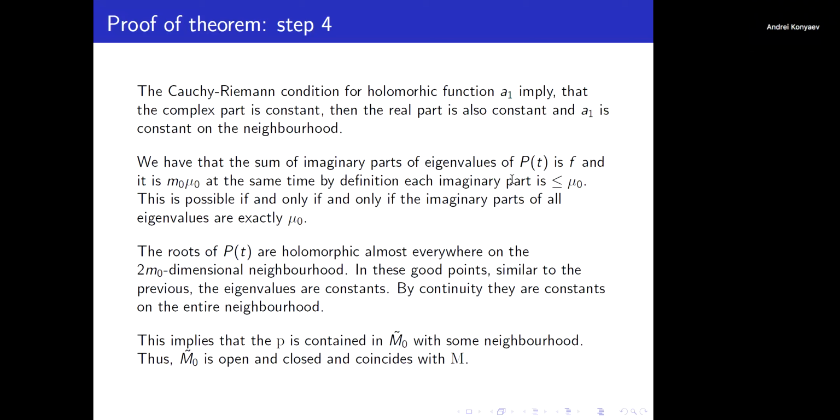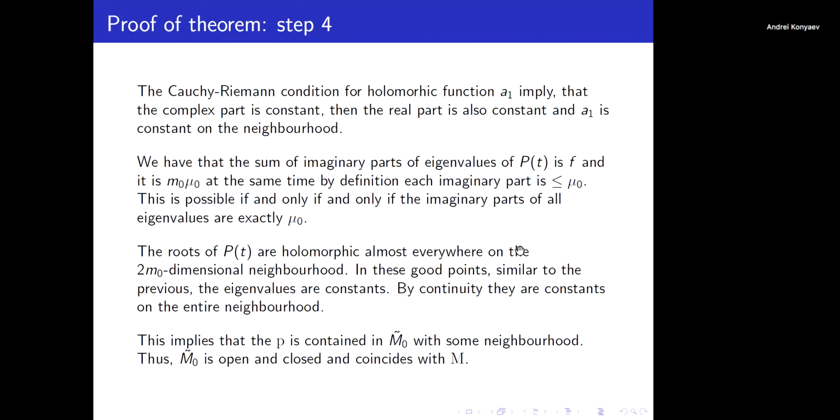We've discussed that they become bad functions where you get coinciding eigenvalues. But if they do not coincide, they do not coincide almost everywhere. So the eigenvalues, almost everywhere on the neighborhood, are holomorphic functions on their own, right?